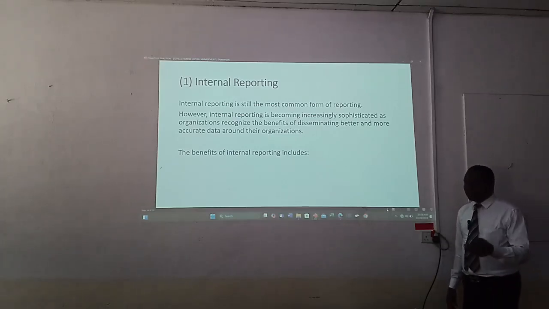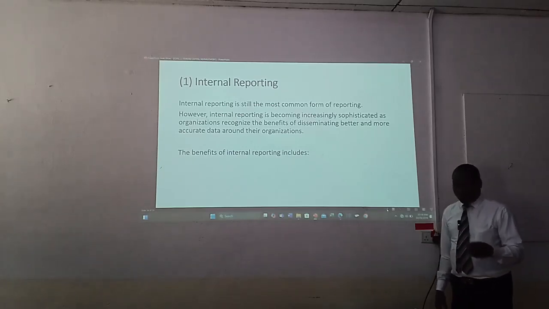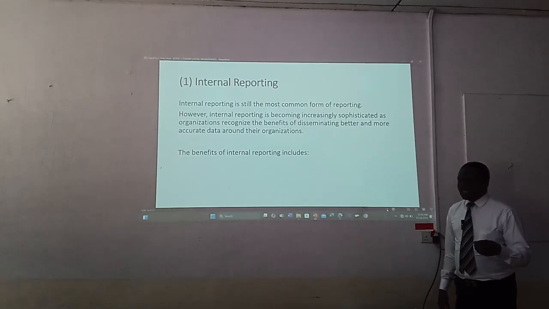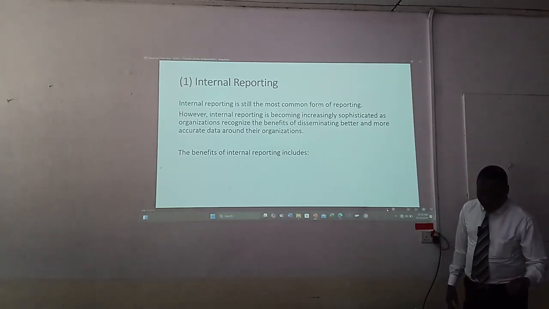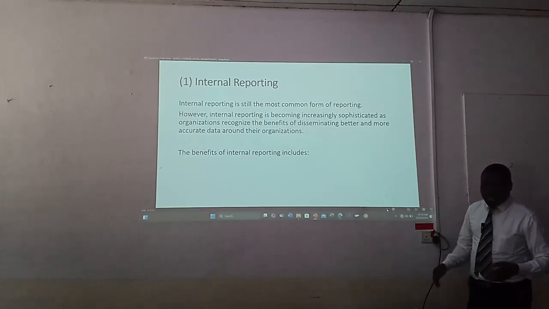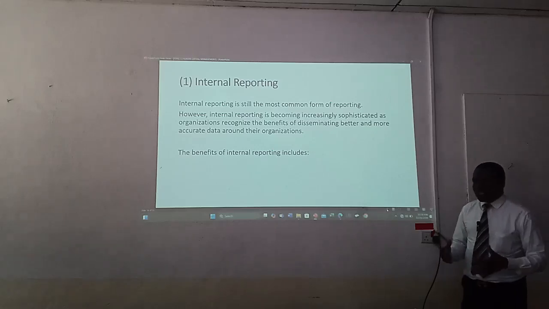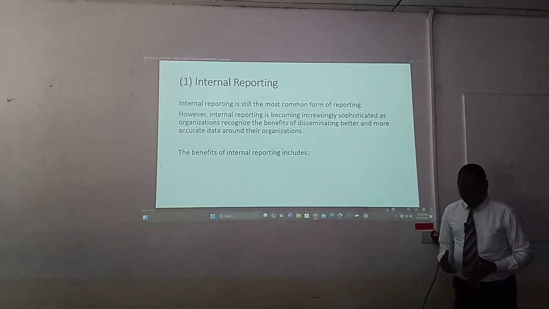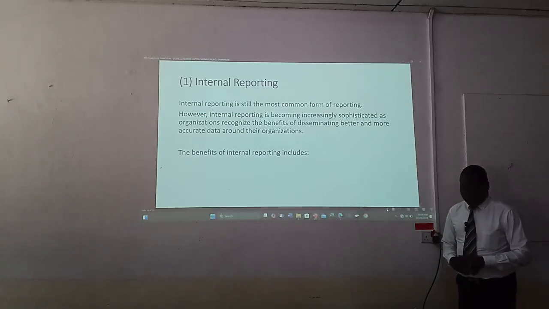Much as it is important to have this internal reporting, it is so sophisticated in the sense that it is so complex and so difficult to implement. Why? Because there's a need for you to be accurate. There is a need for you to bring in correct data, and therefore it becomes so sophisticated.